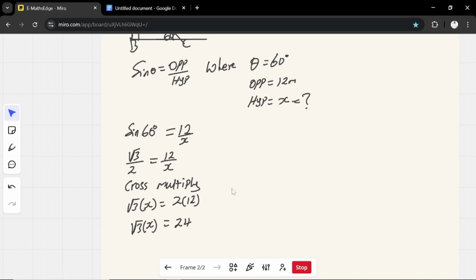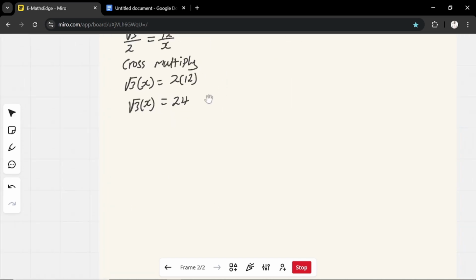24. So at this point, what do we do? How do we simplify further? The next thing to do is to divide through. Remember, we are trying to make x the subject of the formula, but we have the root of 3 multiplied by x here.